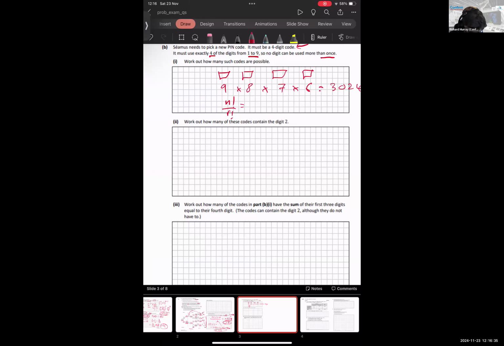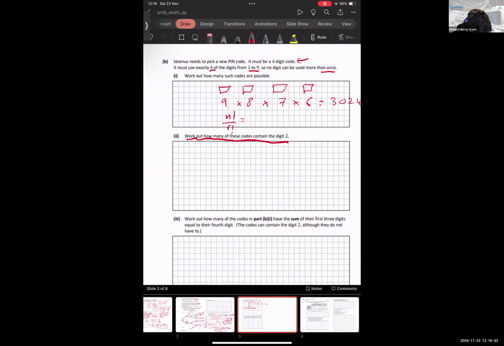We are now wondering how many of these codes contain the digit 2. So we are trying to restrict our values more tightly. So if we know it has to have the digit 2, we are going to have a situation where our boxes are not as independent from each other as we first thought.